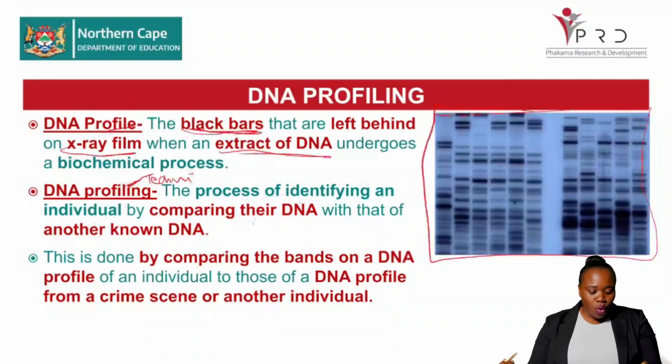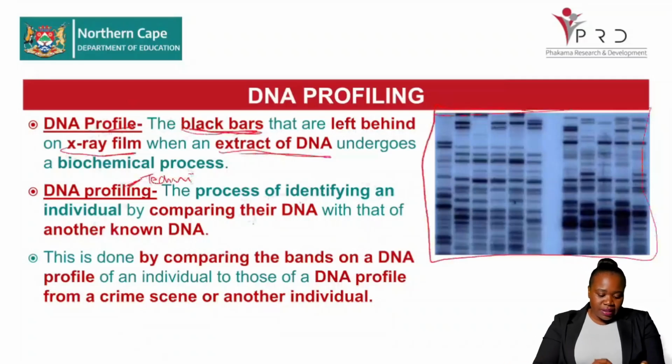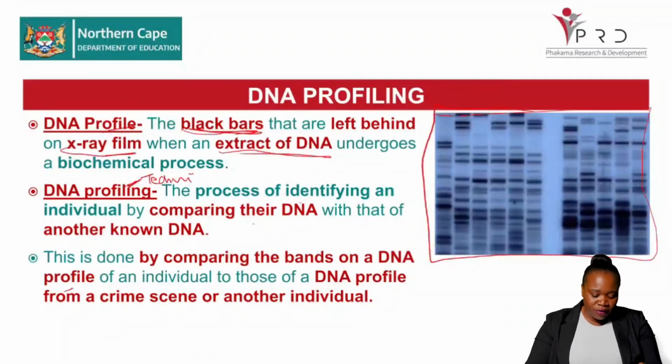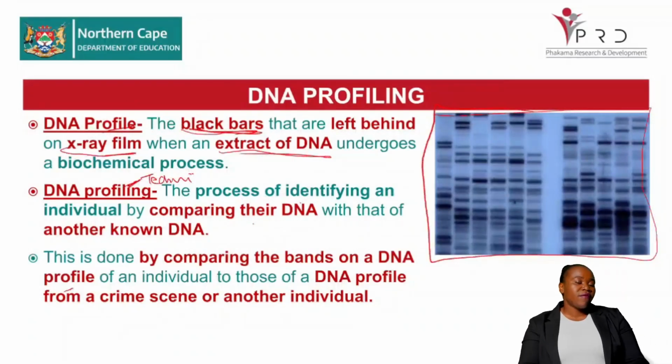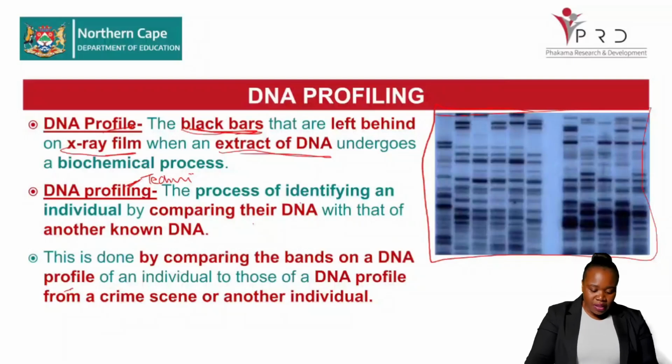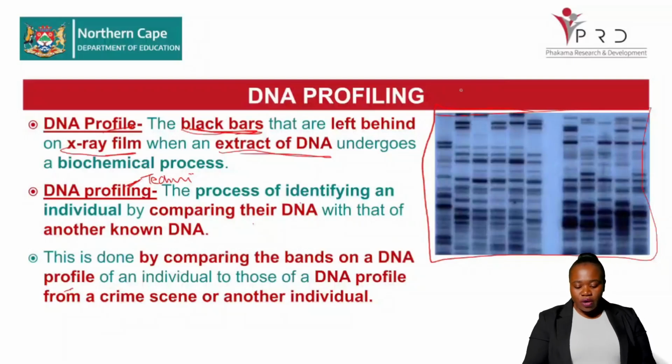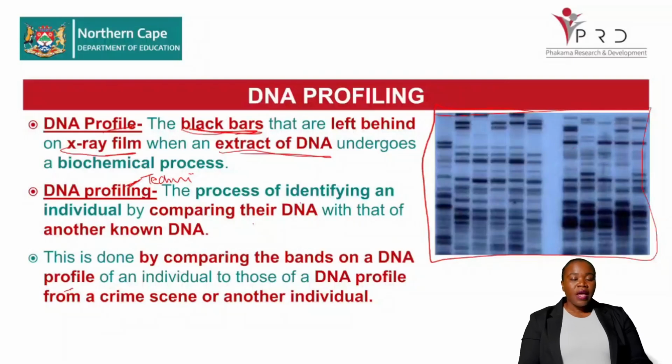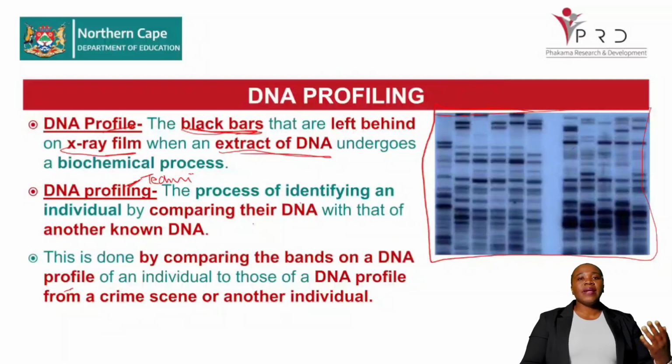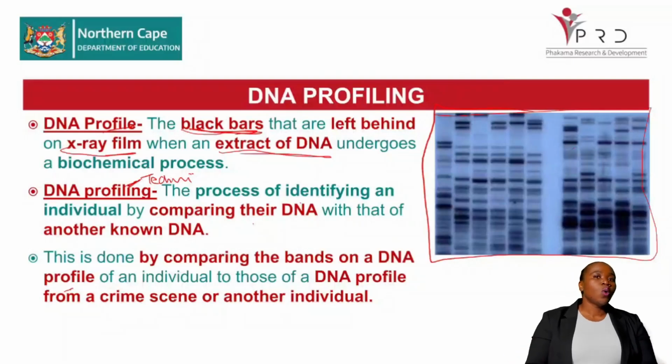All right. So that process is done by comparing the bands on a DNA profile of an individual to those of a profile from a crime scene or another individual. So we can look at these bands of DNA that we are seeing here and compare them to each other just to see if they belong to the same individual or someone else.